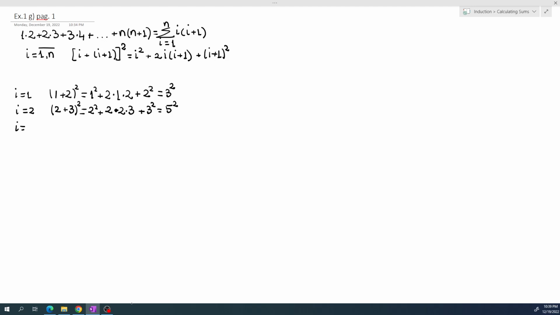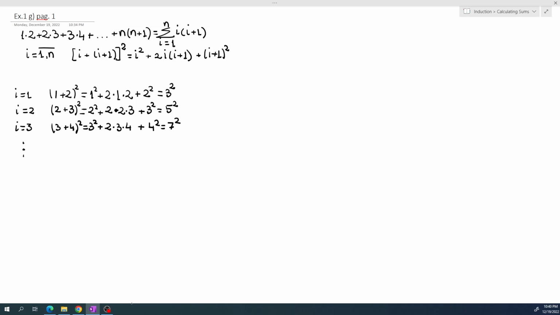For i equal 3, I have 3 plus 4 squared, it is equal with 3 squared plus 2 multiplied by 3 multiplied by 4 plus 4 squared, it is equal with 7 squared.